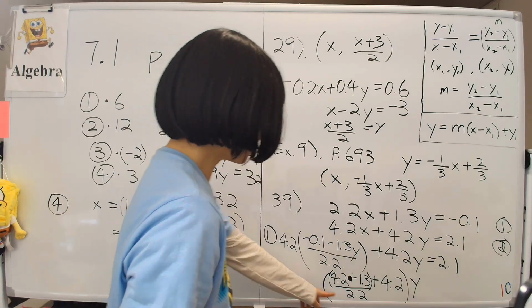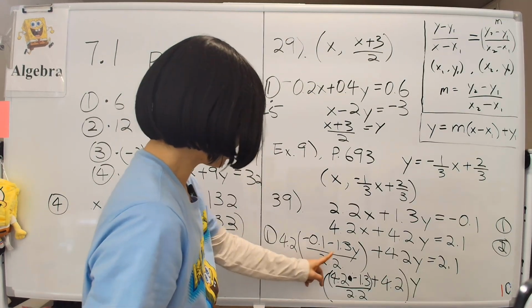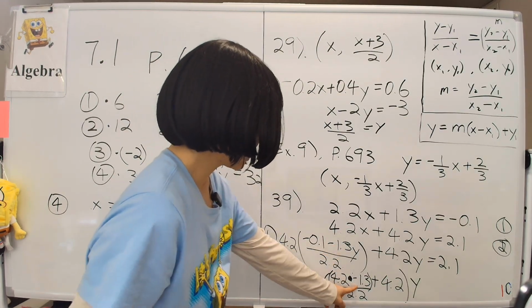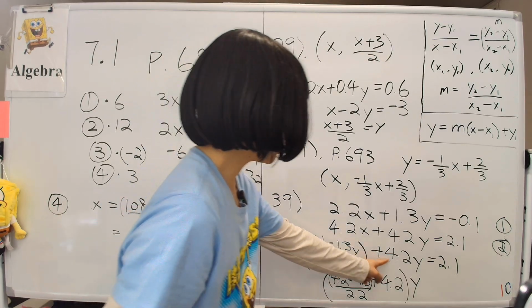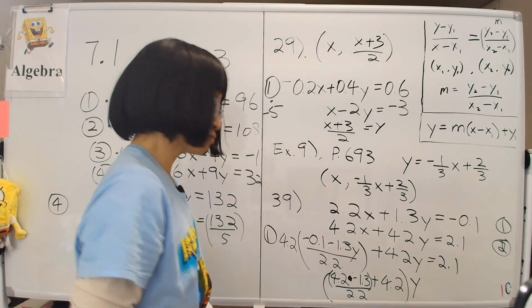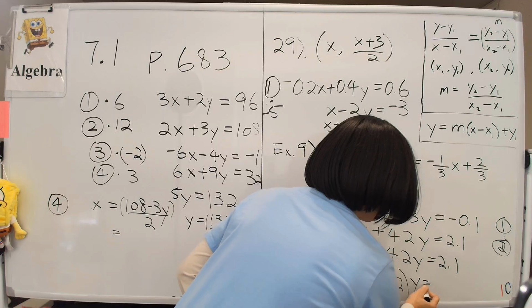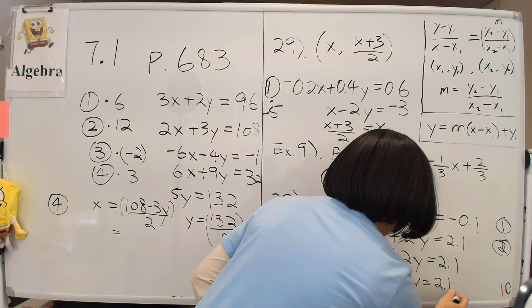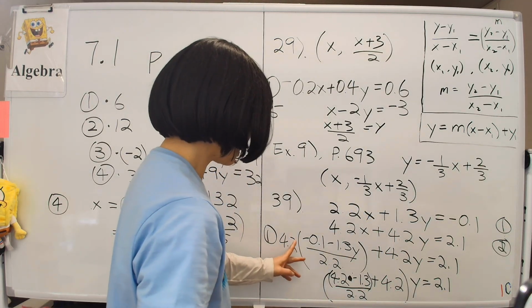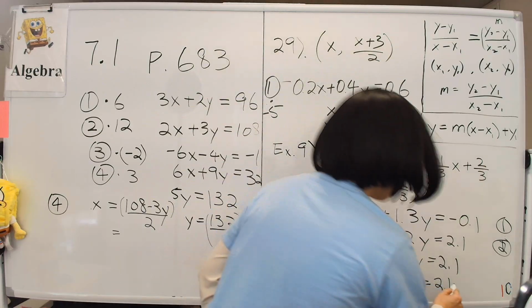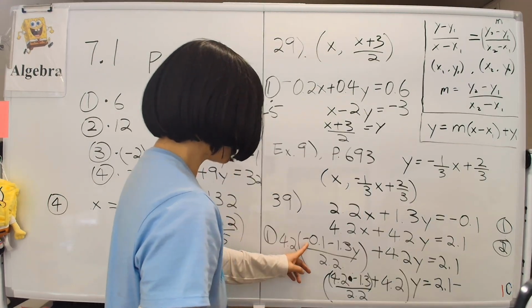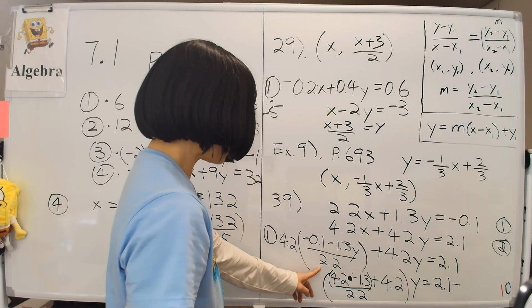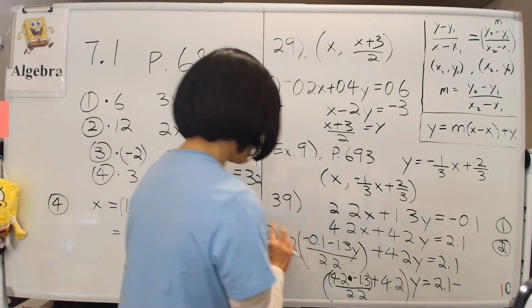So that's everything with y: 4.2 times negative 1.3 divided by 2.2, and then plus the 4.2. That's everything in front of y. And on the other side, we have 2.1, and then minus whatever is here. That's a number. So minus 4.2 times negative 0.1 divided by 2.2.